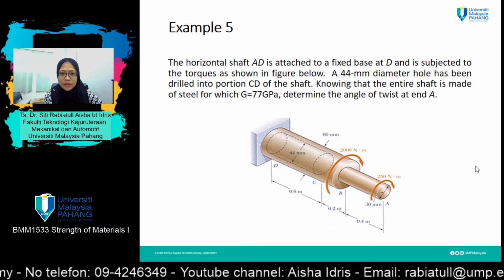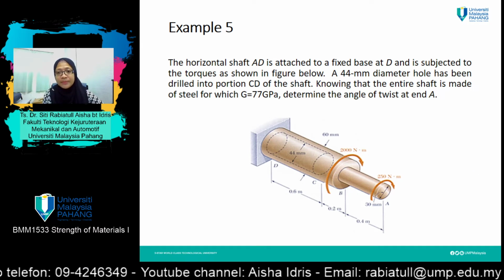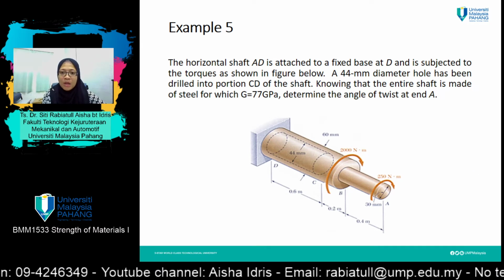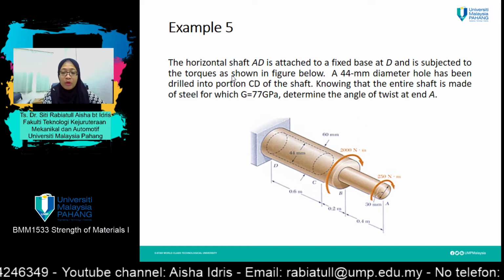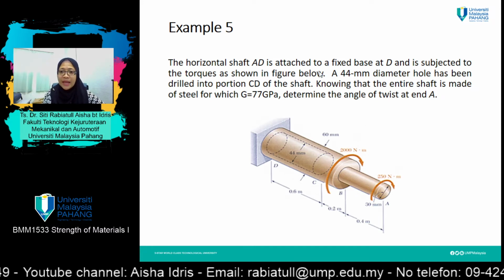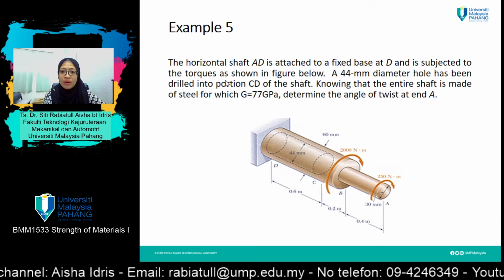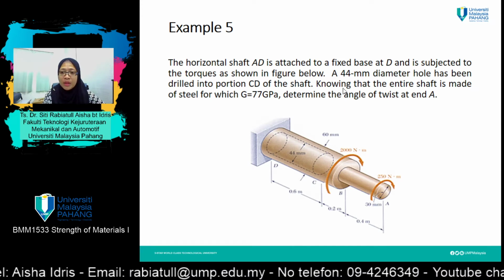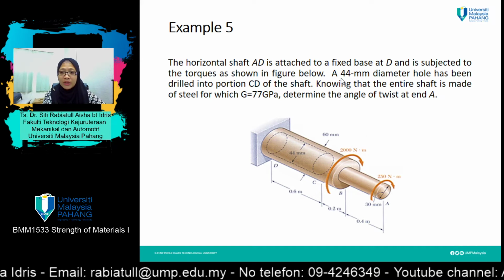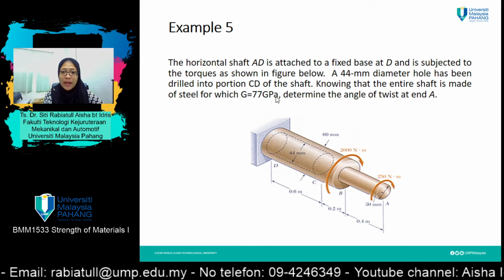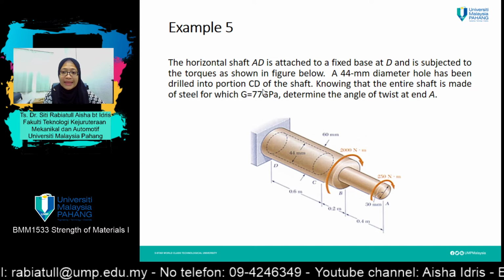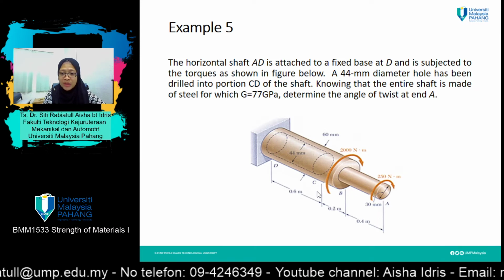Now let's look at our example. Let's read it together. The horizontal shaft AD is attached to a fixed base at D and is subjected to the torques shown in the figure below. A 44 mm diameter hole has been drilled into portion CD of the shaft.